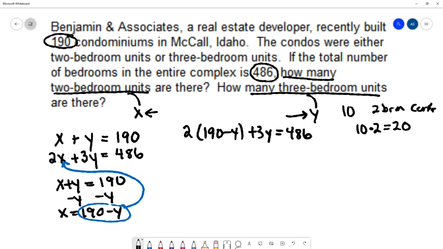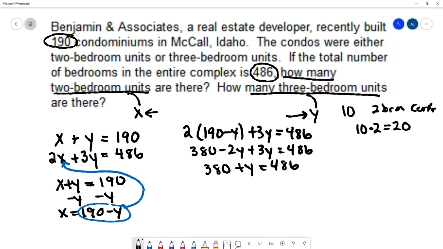190 times 2 is 380 minus 2y plus 3y equals 486. Let's combine those y's together. We have 380 plus y equals 486. I'm going to subtract 380, and that gives y equals 106.